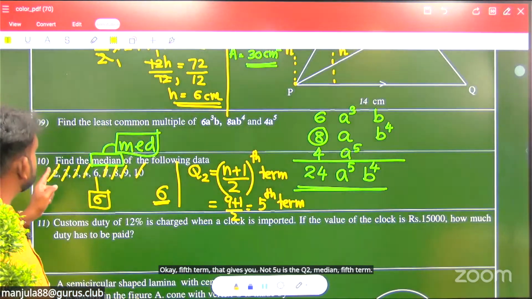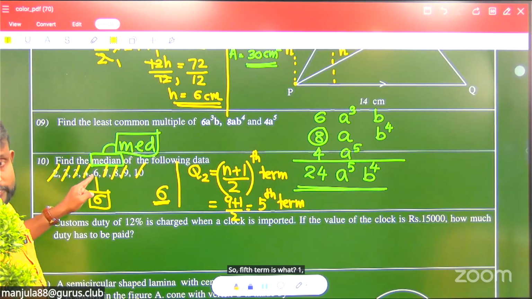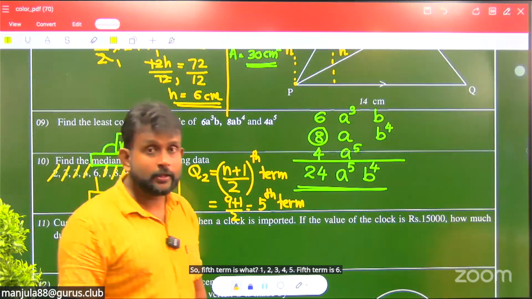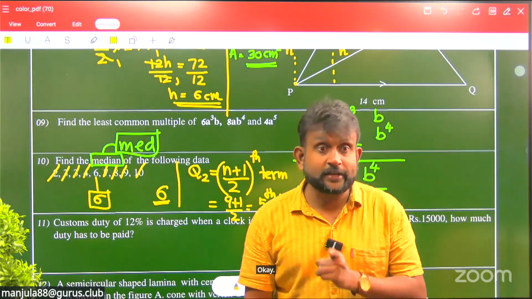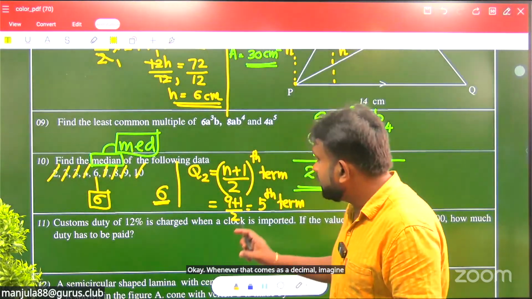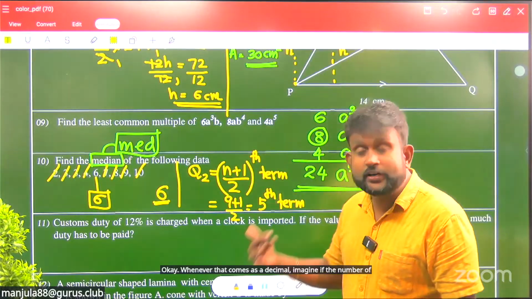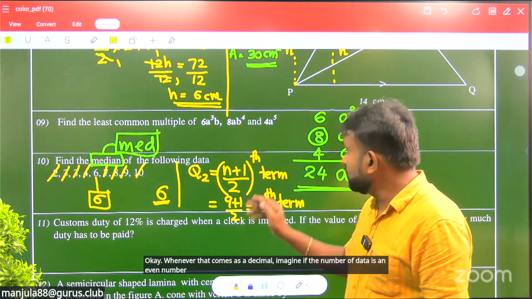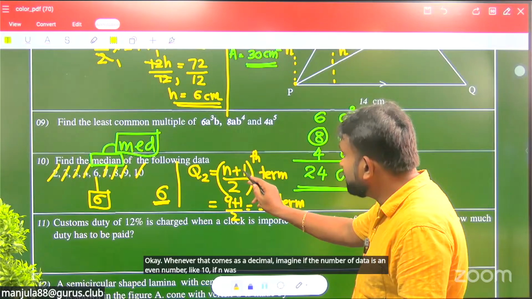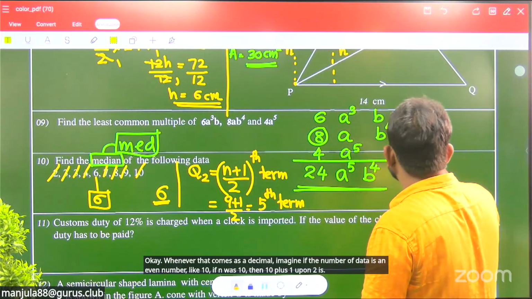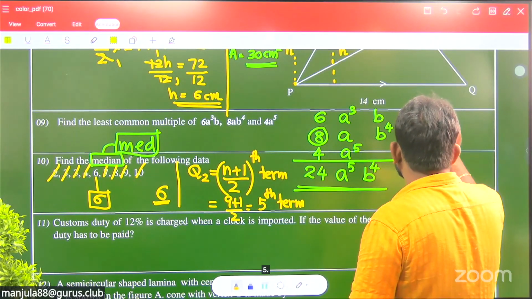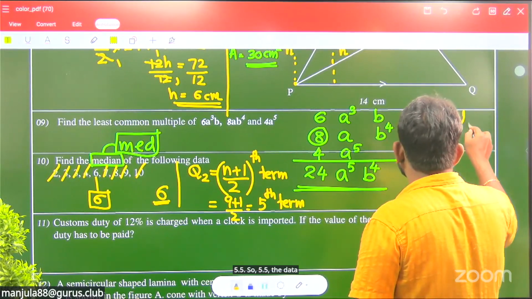So what is the fifth term? 1, 2, 3, 4, 5. The fifth term is 6. Whenever it comes as a decimal, imagine the number of data is even, like 10. If n was 10, then 10 plus 1 upon 2 is 5.5. How do you take the 5.5 data?